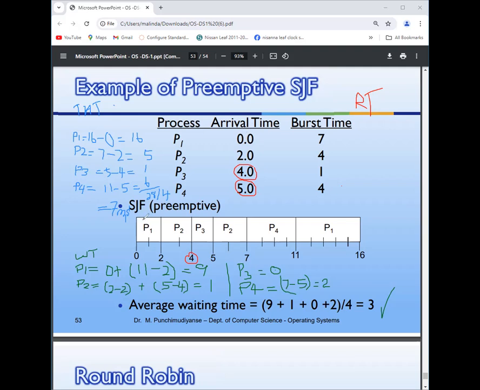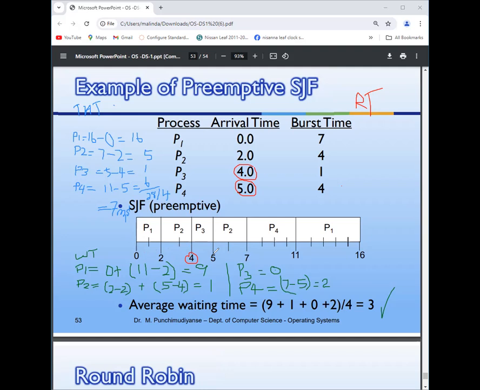Now you don't get confused, okay? Arrival time is arrival to the queue, but in the Gantt chart we draw the time that we got the CPU. Understood? We take the time at which we got the CPU. Okay? Is that clear?